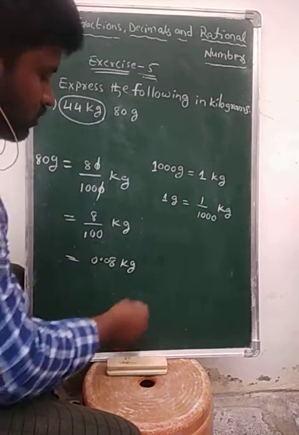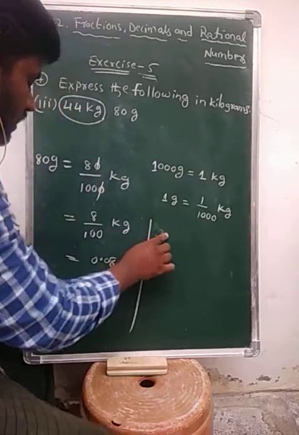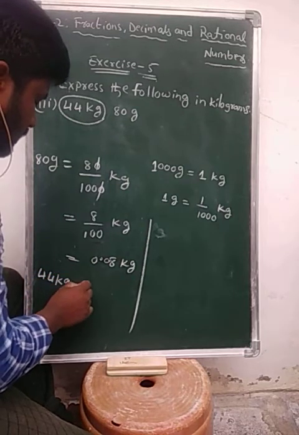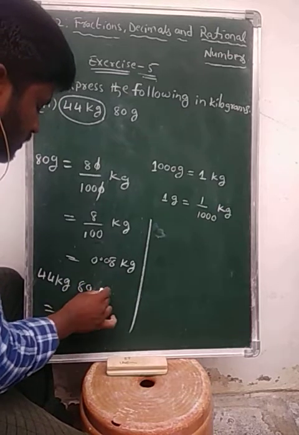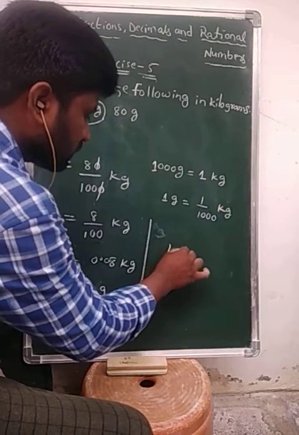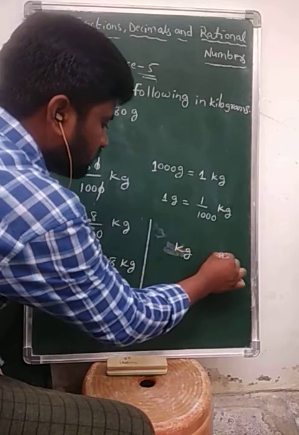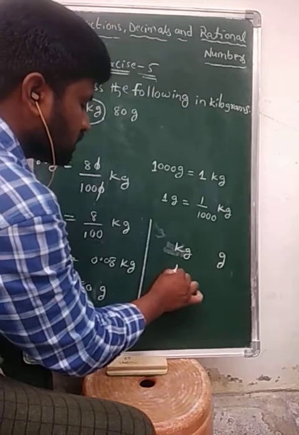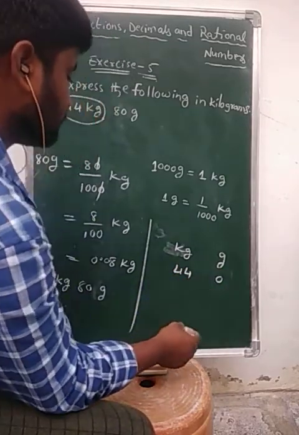Now we can write 44 kg 80 grams. For your understanding, take the kilograms and grams separately: 44 kilograms and 0 grams.